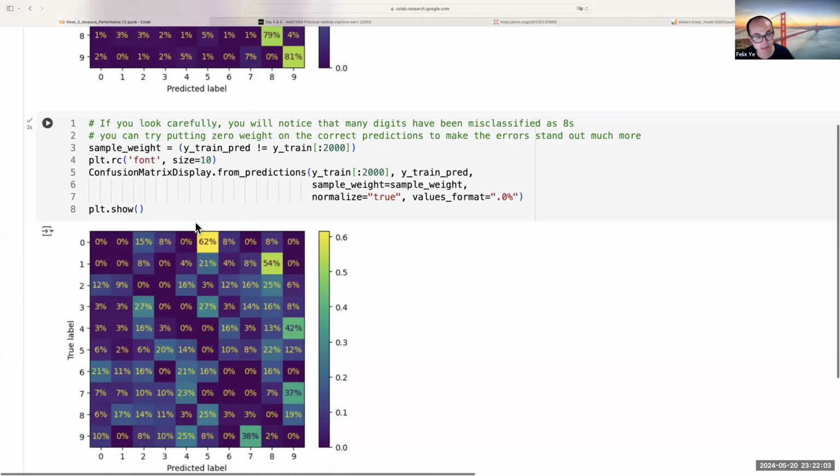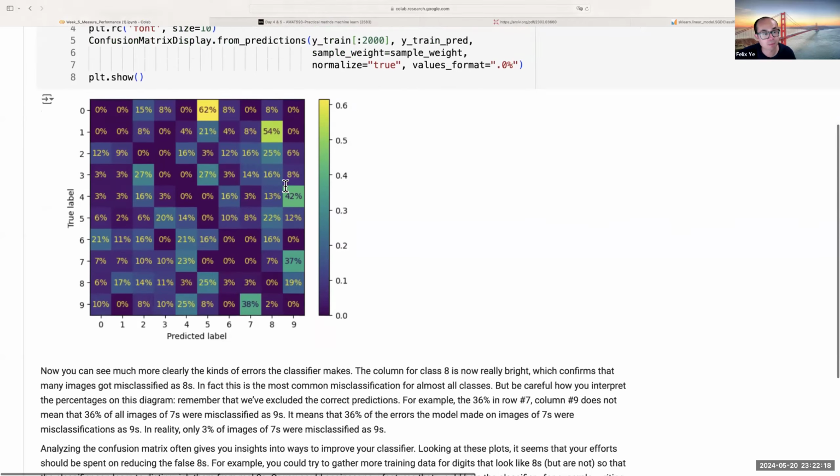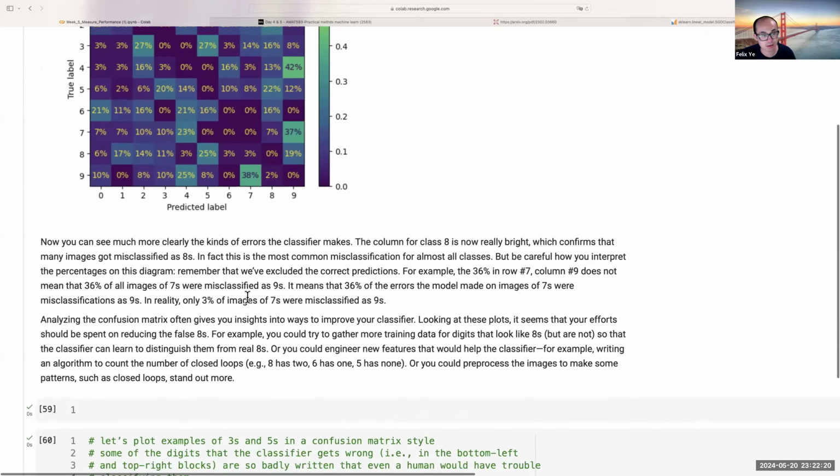This is something that you should keep in mind. And also in this case, out of the true label 1, most of the mistakes are predictions of 8, right? So this is something that you should be thinking about.